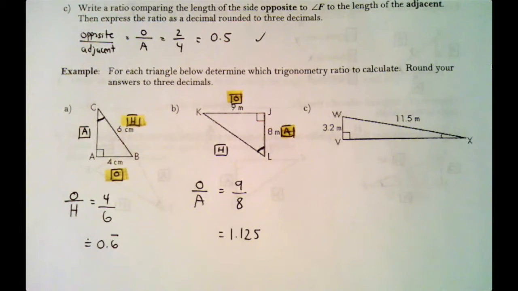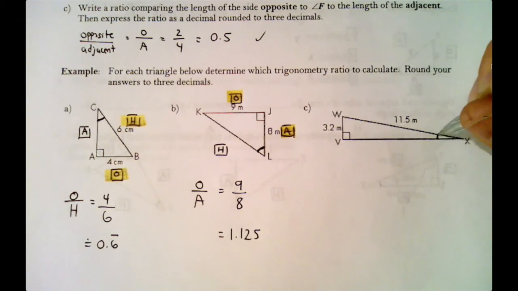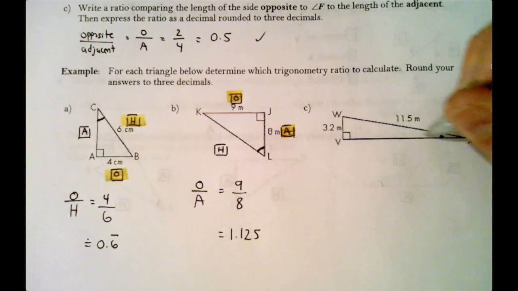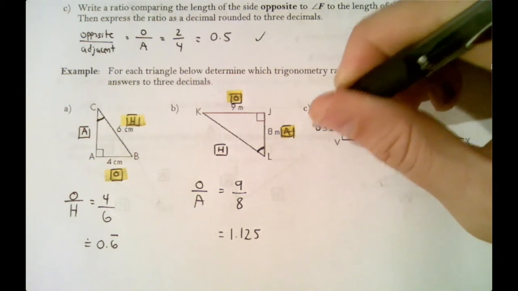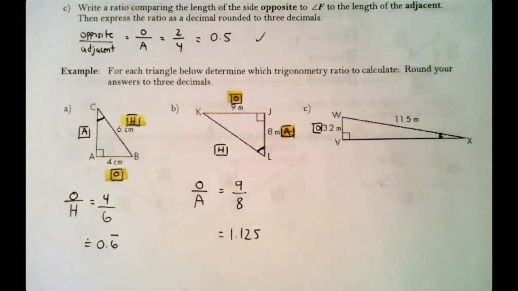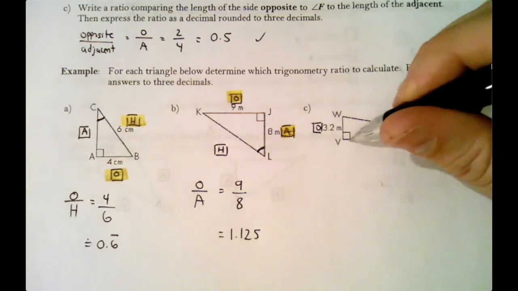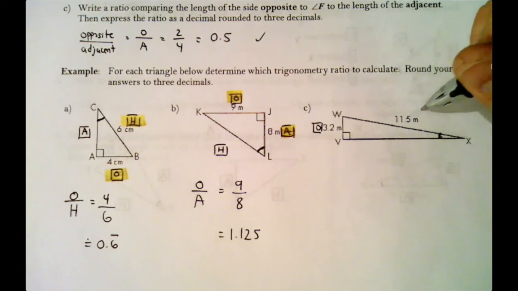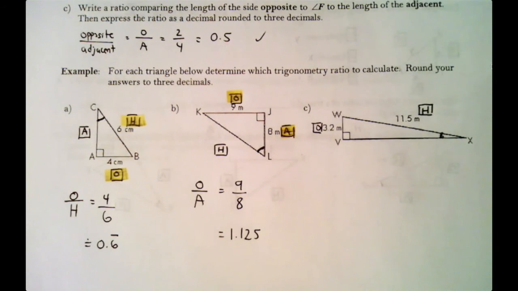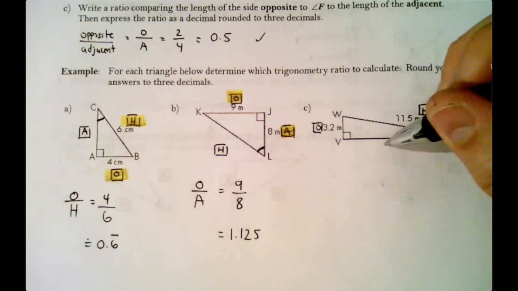All right, there's one more left. You can pause the video and give it a shot on your own, or we can work through it together right now. Our marked angle is X. So for labeling, across from X takes us all the way over here. 3.2 is our O. Across from the 90 is H. And that leaves A as our last side.